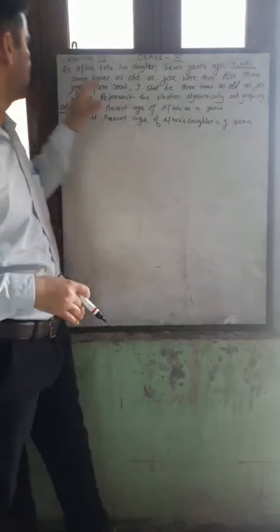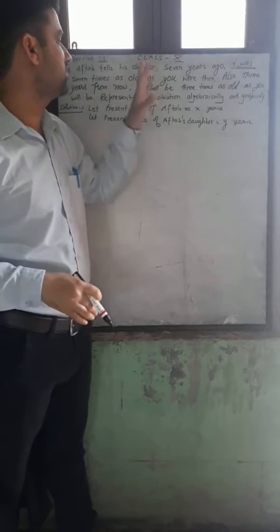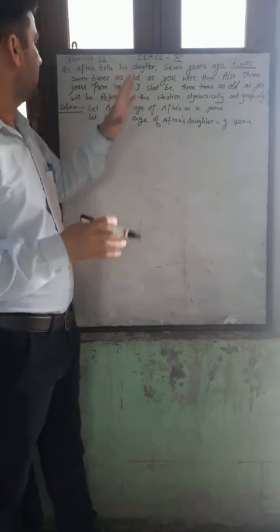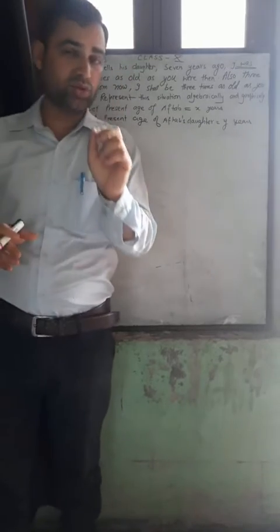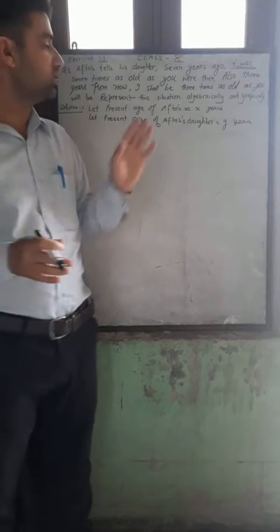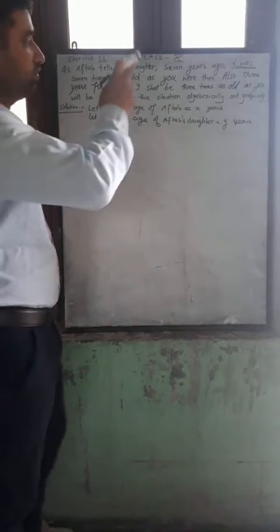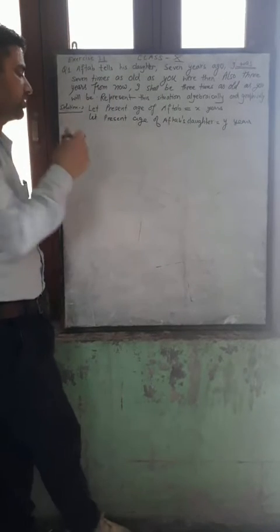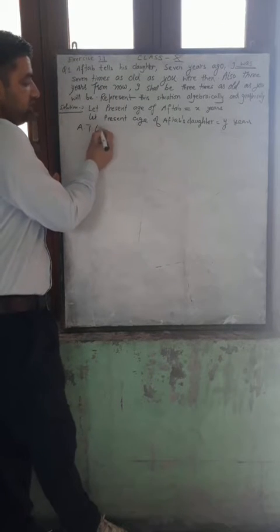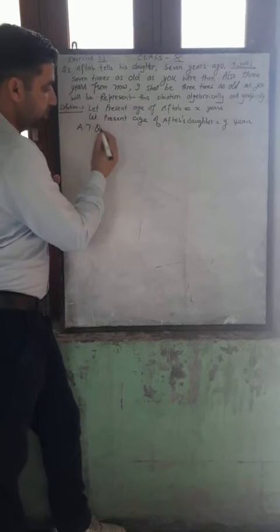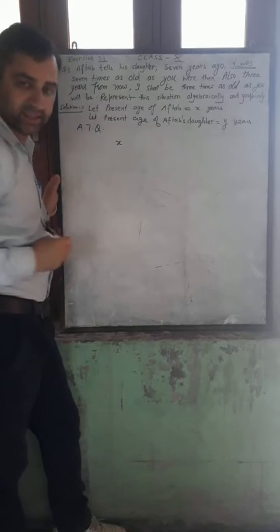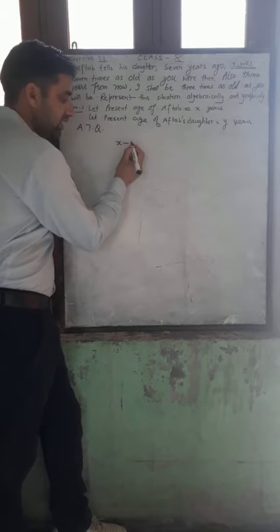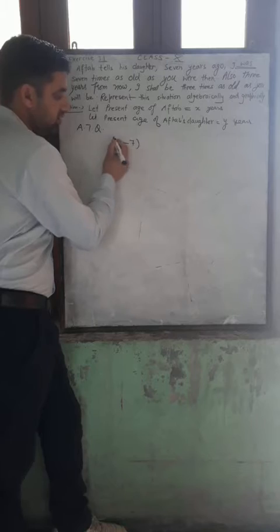I was 7 times as old as you were then, means मैं 7 साल पहले जो तुम्हारी उम्र है उसका 7 गुना था. तो what is the age of Aftab 7 years ago? So according to the question, if we write now the present age of Aftab is x years, 7 years ago 7 साल पहले क्या होगी आफ्ताब की एज x minus 7.